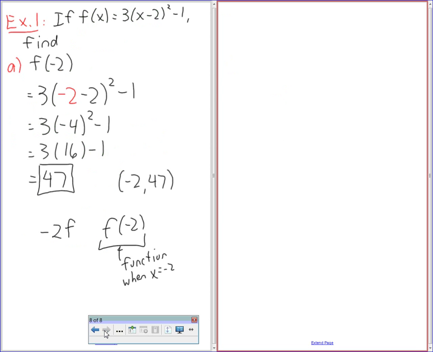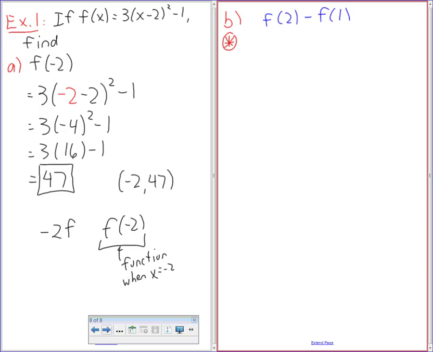Letter B. Please put a star beside this one because you'll deal a lot with this one next year. It says f of 2 minus f of 1. Can somebody tell me in English what f of 2 means?